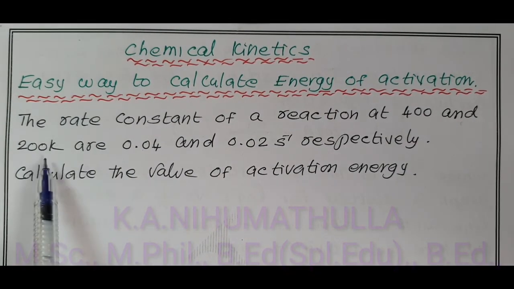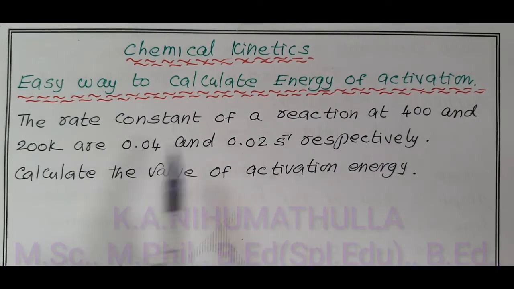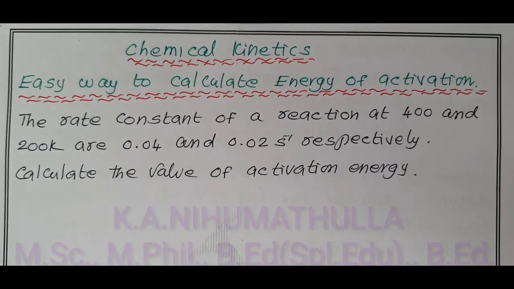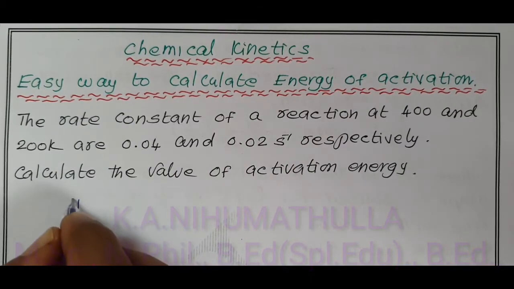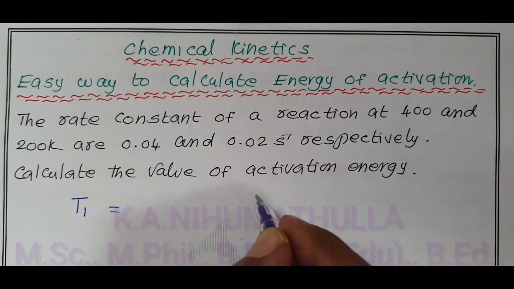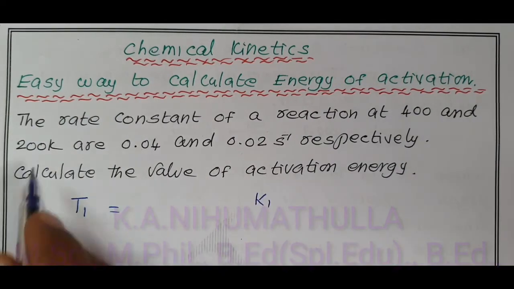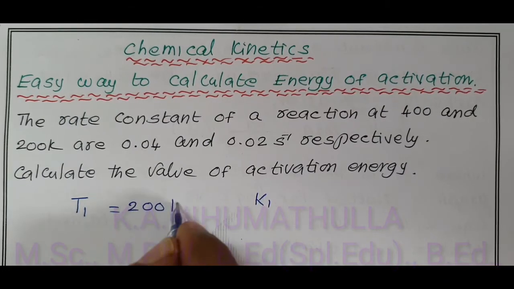So at low temperature, the rate constant is 0.02, and at high temperature, the rate constant is K2. So at T1, the rate constant is K1. The lowest temperature is 200 Kelvin.